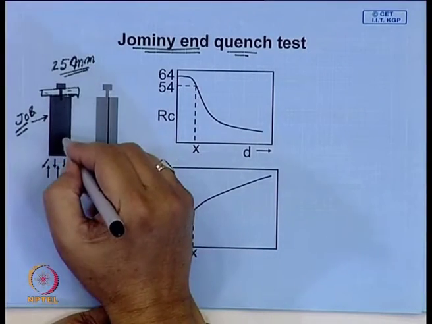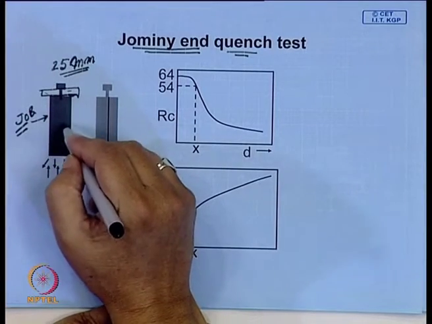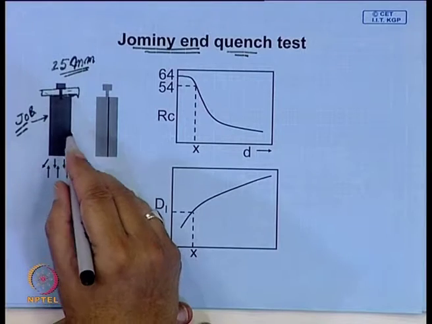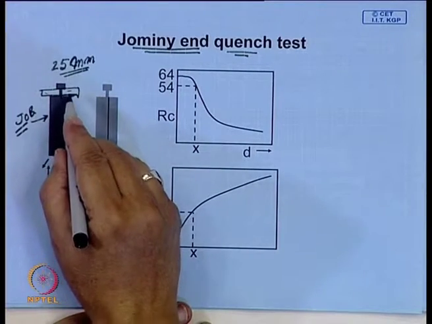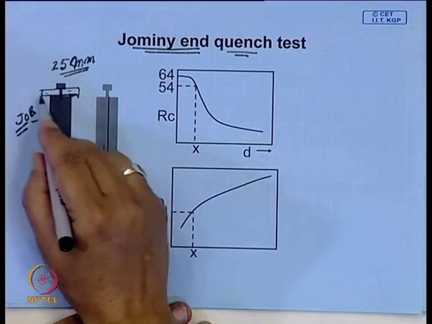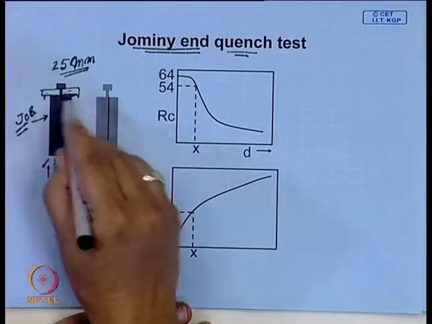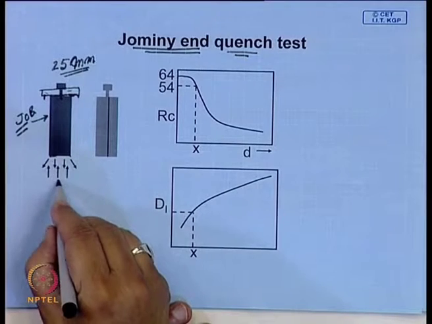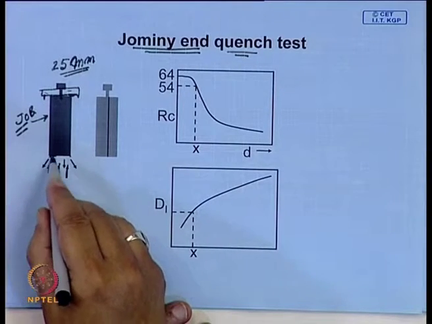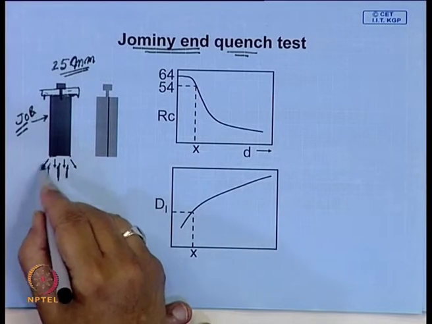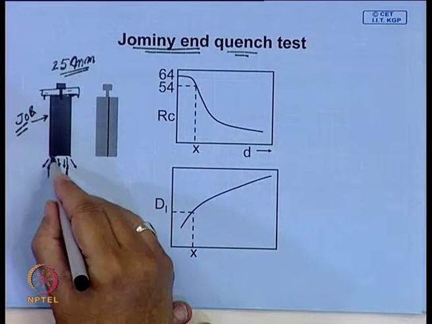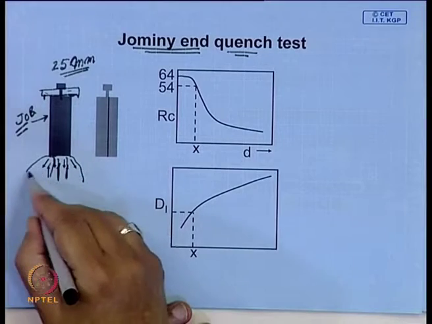Now, what you do, you heat this entire job to the proper austenizing temperature, and after it has been austenitized, you take it out, put it on a rig and support, and then cool this end by spraying cold water. When you spray, the water goes in this direction and comes out in the form of an umbrella.